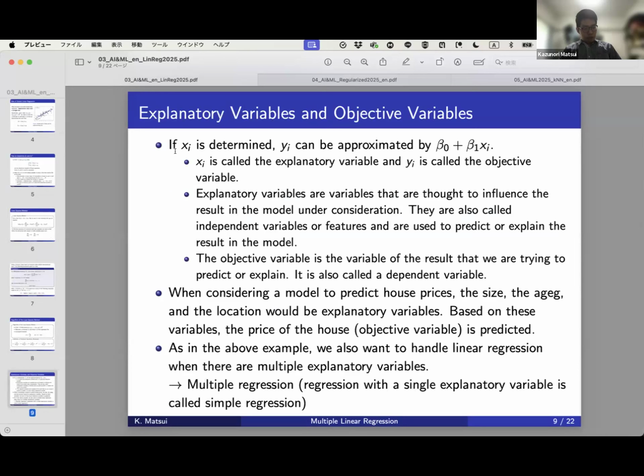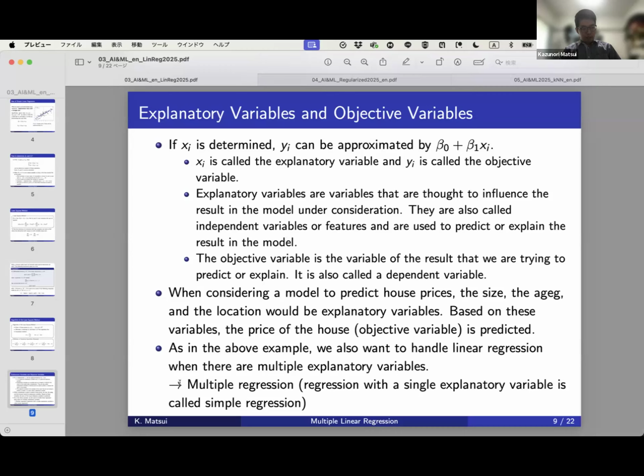We call the x variable the explanatory variable and the y variable the objective variable. When there are many explanatory variables, it is called multiple regression.